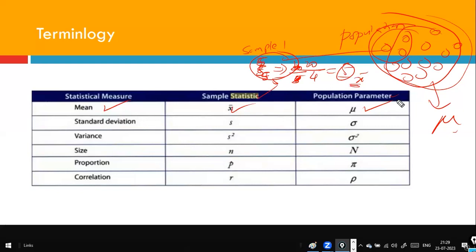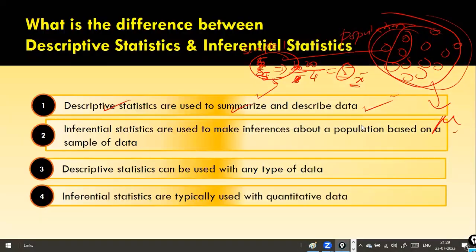Now I go back to my previous discussion. In this case, using this sample statistic, which is the sample mean, we are going to estimate the population mean, because in most cases you will not have access to the population data. You are running a survey with a few people, and that is your sample.